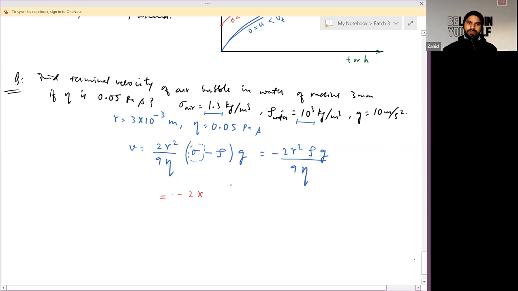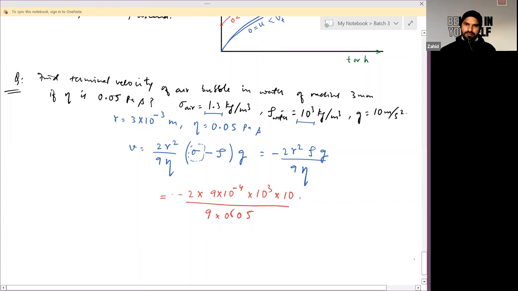Minus 2 into r. R is 3, so on squaring, it will be 9 into 10 to the power minus 4. Density of water is 1000. Gravity is 10. Divide by 9 times eta, which is 0.05.